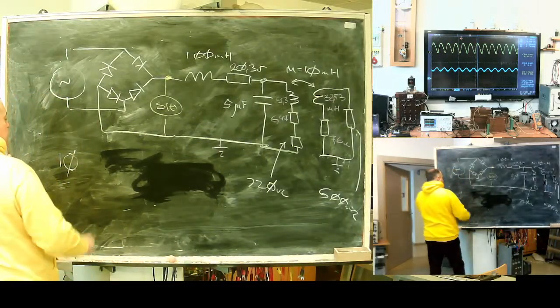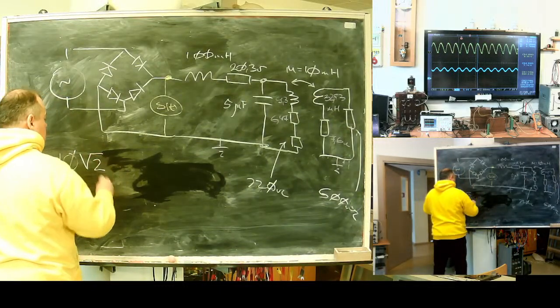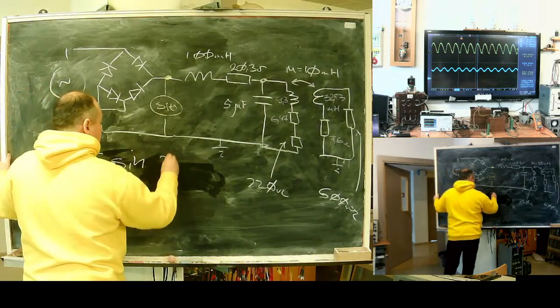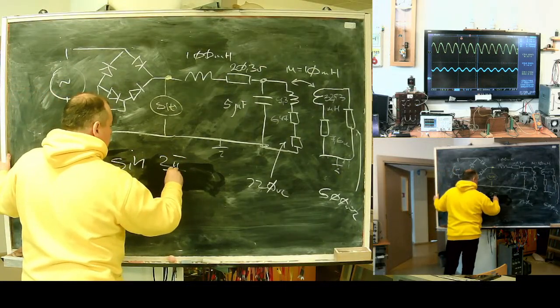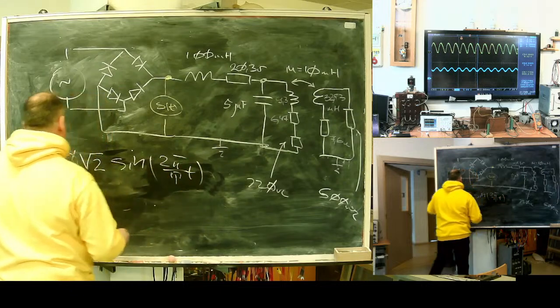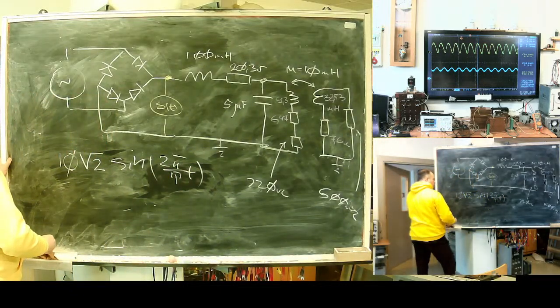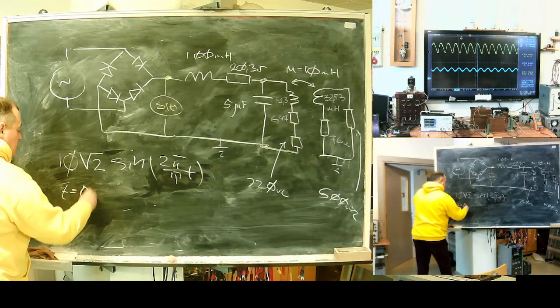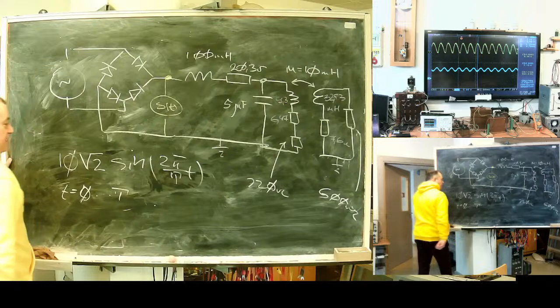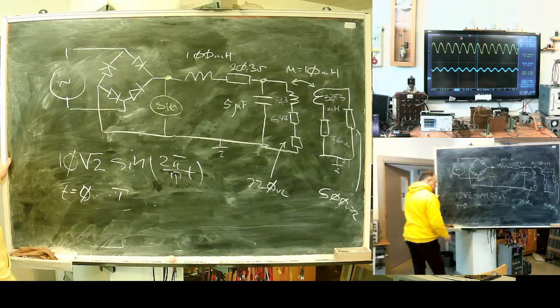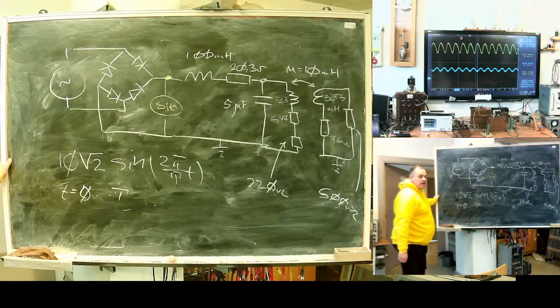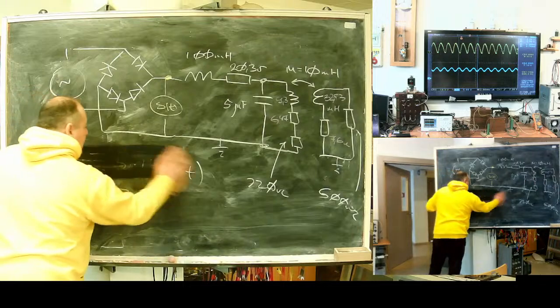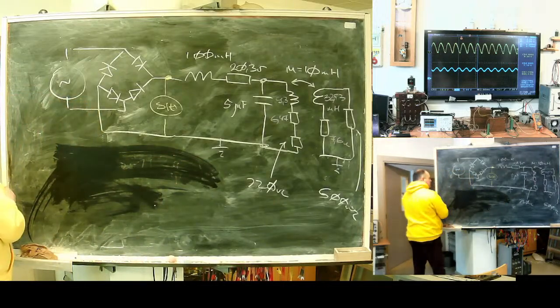So we need source of 10 square roots of 2 sine of 2 pi t divided by period time, for time starting from 0 and up to period. Yeah? In reality, I'm already aiming at discrete time Fourier transform. I need a table of values.